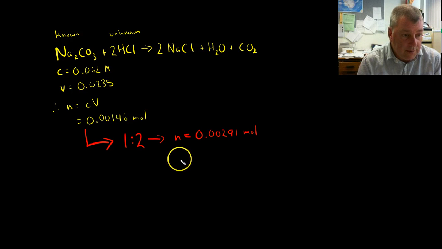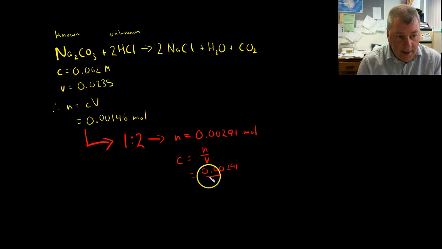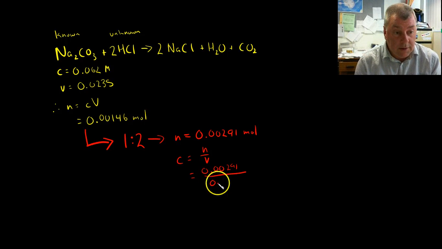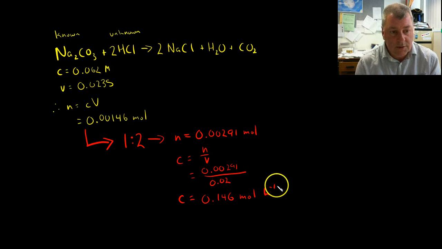We're going to use C equals n on V, and we know that the number of moles is 0.00291, and our volume of unknown was from our pipette, which was 20 millilitres, which is 0.02 of a litre. Therefore, our concentration equals 0.146 moles per litre.